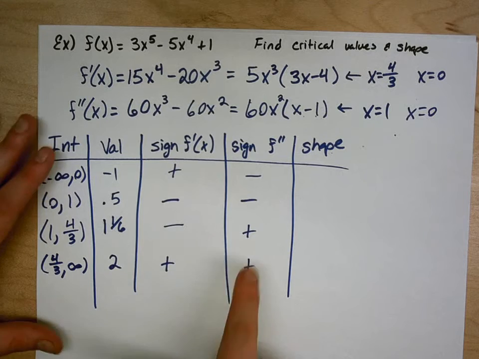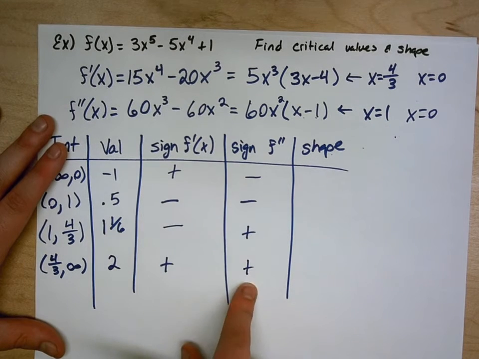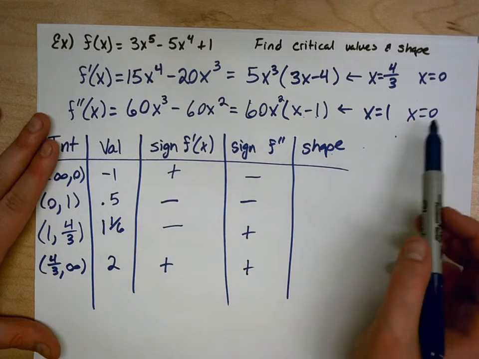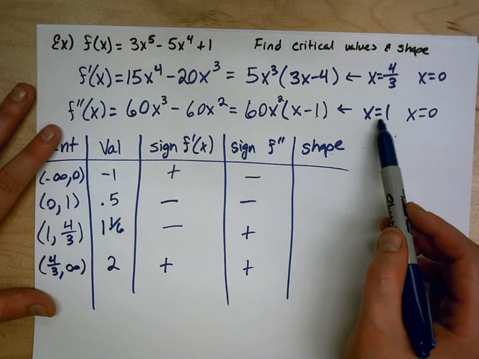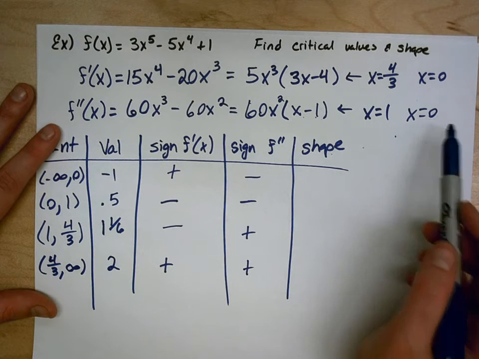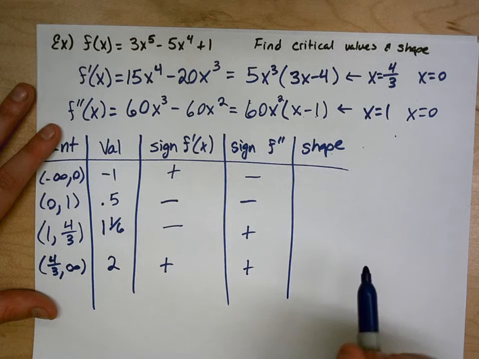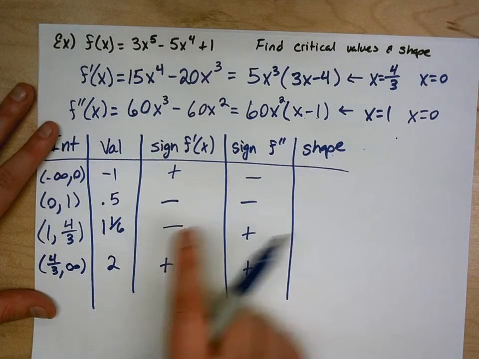Now let's just take a moment. If I only wanted to know the concavity of my function, notice that I would have only had to do the critical values of x equals 1 and x equals 0. So that would actually cut this table in half, but I want to be more thorough to get the shape of the graph, so that's why I did both.